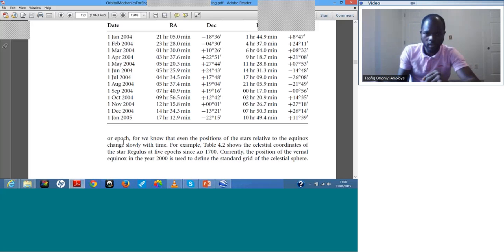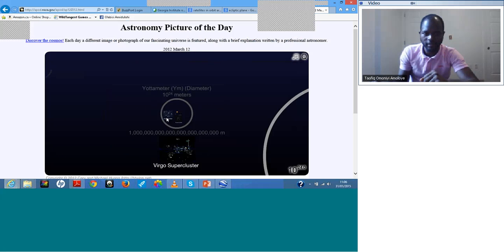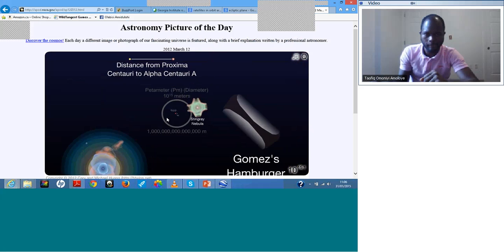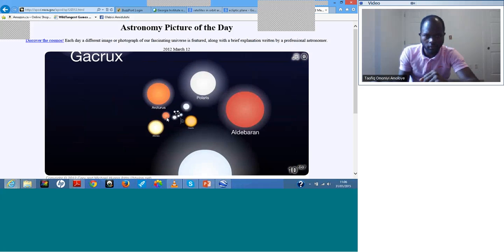So, for example, table 4.2 shows the celestial coordinates of the star Regulus. I think we saw Regulus. So if we go back, let's go back and get it. That's Polaris, the polar star.